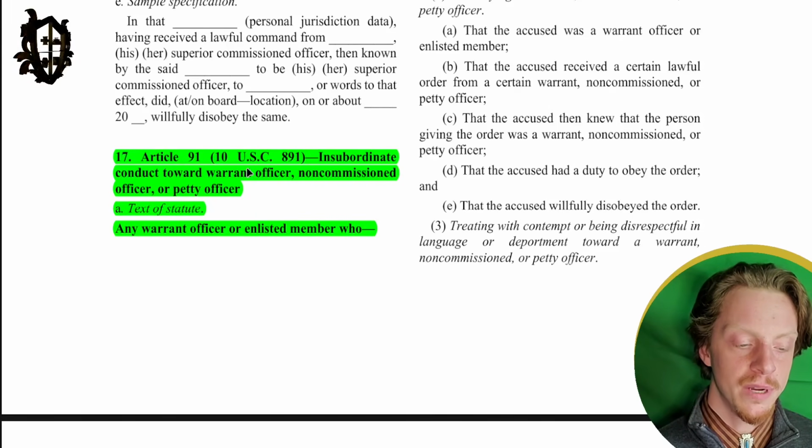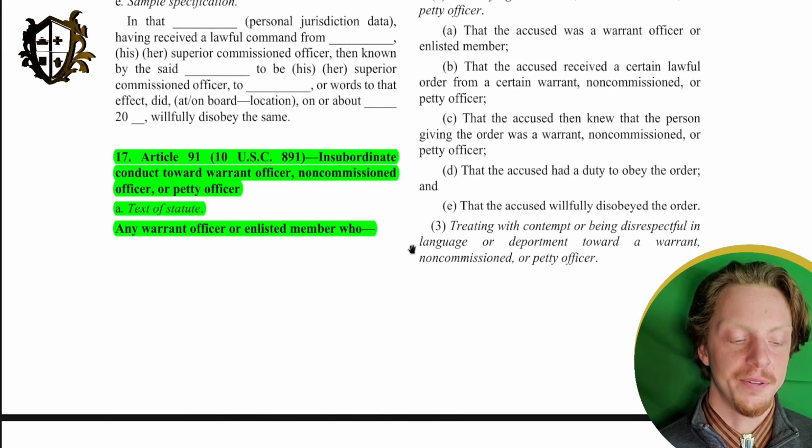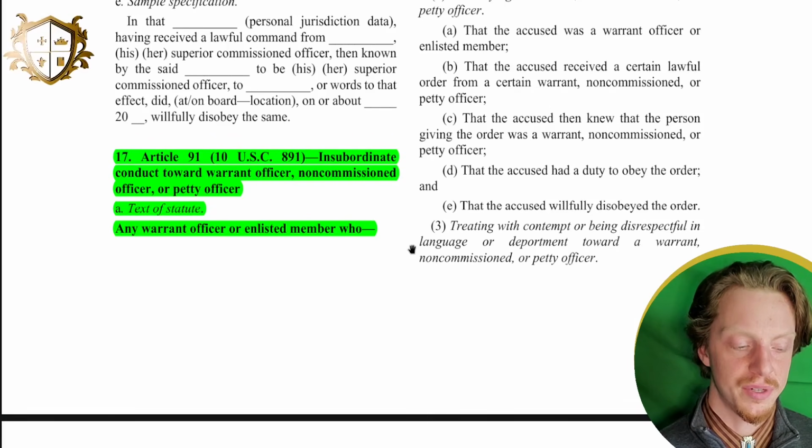So here's Article 91, 10 USC 891, insubordinate conduct toward warrant officer, non-commissioned officer, or petty officer.